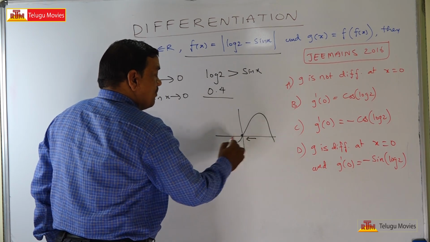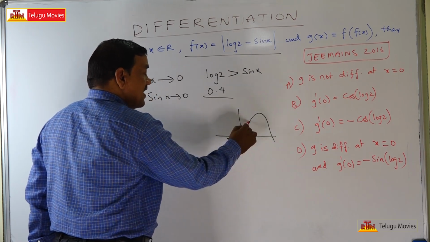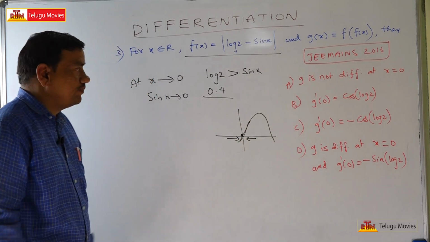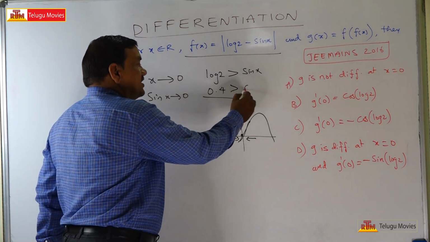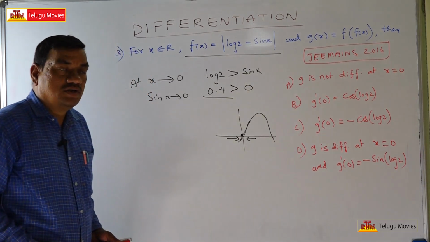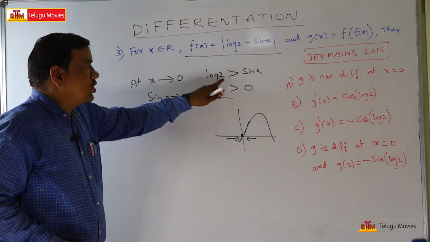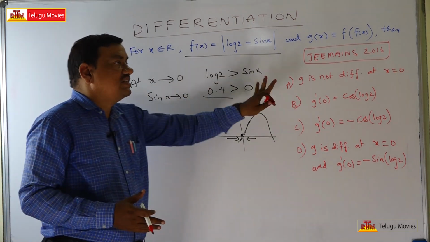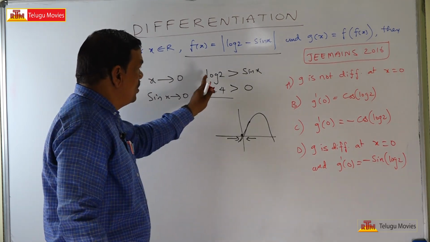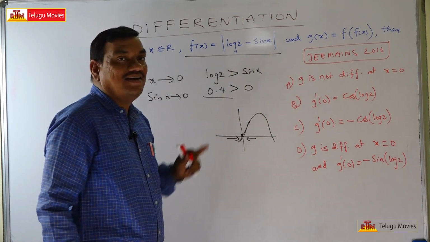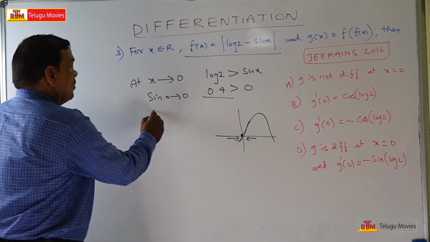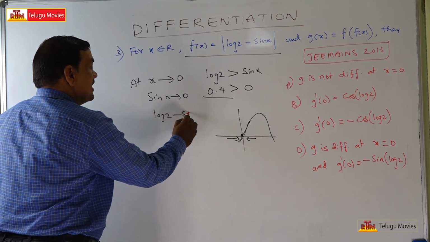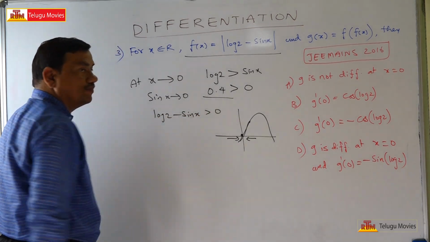As x value approaches 0, sin x value also approaches 0. That means log 2 is always greater than 0. It is 0 point something, not 0. Therefore, log 2 is greater than sin x. Therefore, log 2 minus sin x is greater than 0.